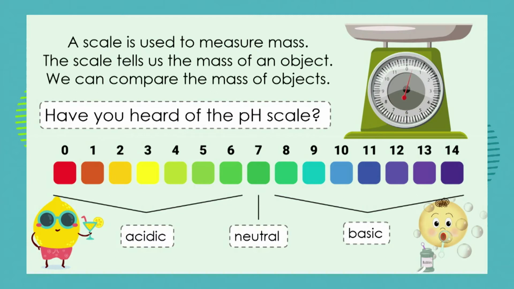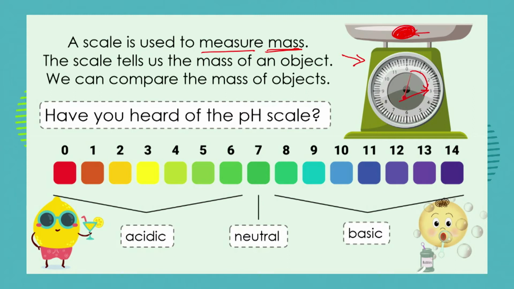A scale, I'm sure you're familiar with scales, is used to measure mass. We put an object onto the top of the scale, and the little arrow will tell us how much mass that object has.